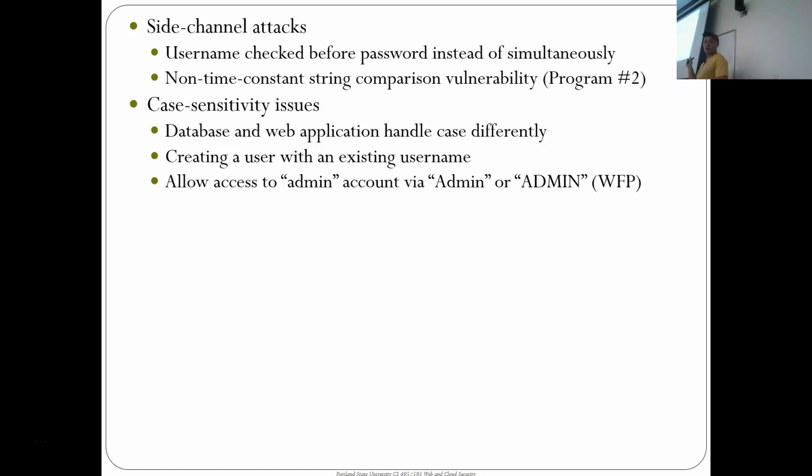This is what program number 2 is going to do. You're going to have an authentication sequence where the characters of the password reveal the correctness of a character, because the timing of the authentication changes. Then you're going to write a program to automatically exploit that.